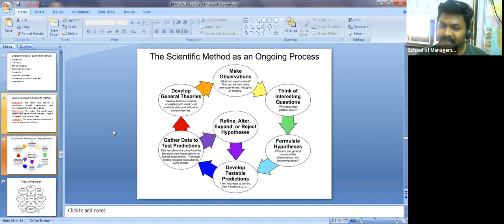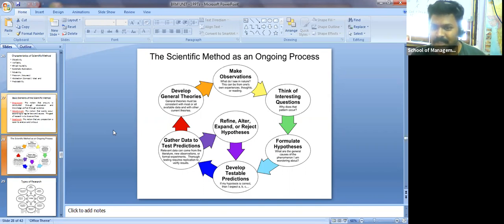Then think of interesting questions. Based on that, you are going to come up with certain questions. Why does that pattern occur? Now I hope we know this very well. If rain is falling at the same time as it is sunny, then obviously what happened? Maybe a rainbow is going to form. Yes or no?